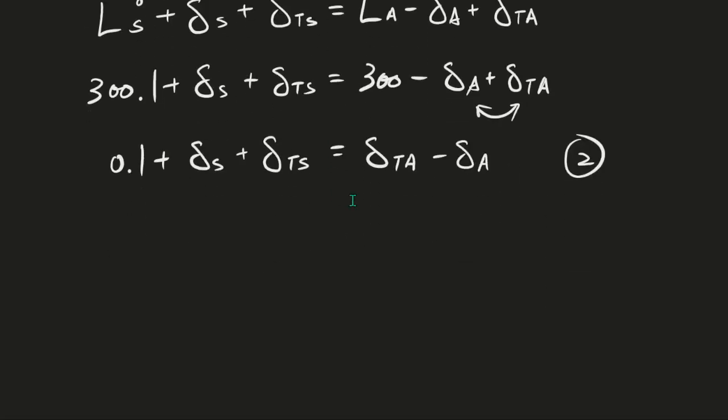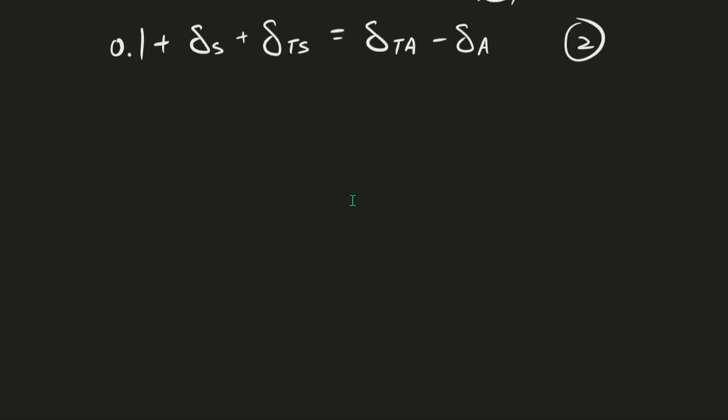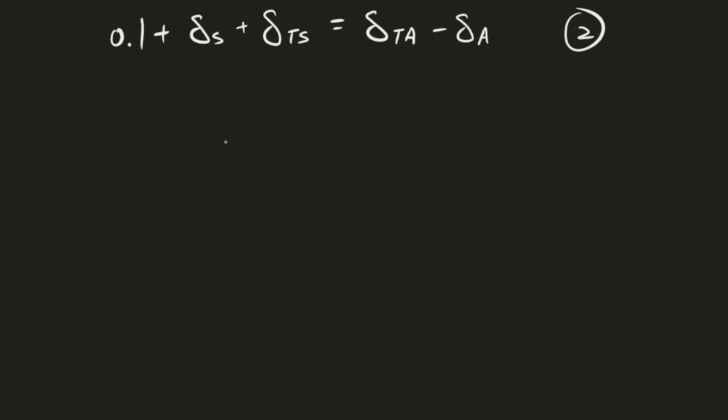Now we can plug in the delta P relation into each of these deltas, and I can say 0.1 plus PS LS over AS ES plus alpha S delta T. Actually, no, let's write delta T last.